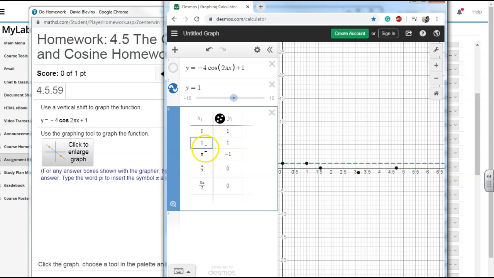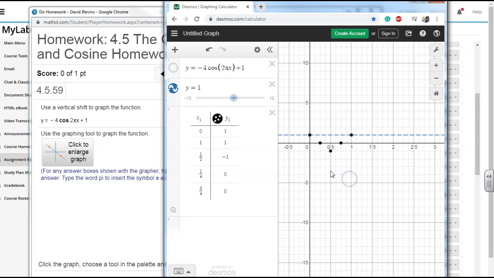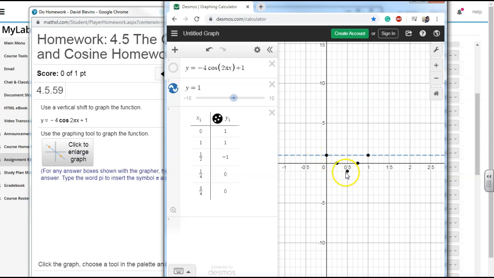This is the halfway point, so it's the average of these. The average of 0 and 1 is a half. This is the 1/4 point, halfway between here and here, so that's a quarter. And this is halfway between the middle and the end, so that's 3/4. Now this is where this thing is going to live, in that tiny little window.